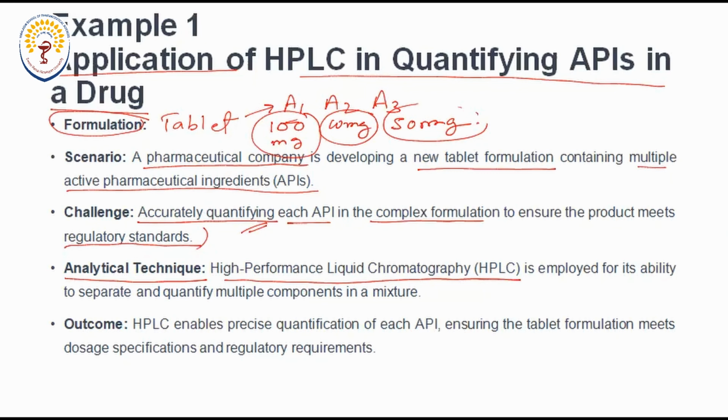This HPLC will detect A1, A2 and A3 in the sample, and it will also identify as well as quantify the amount of A1, A2 and A3 in the particular sample. By this way we can easily quantify the amount of A1, A2, A3 in the tablet. So this is how HPLC solved our problem.